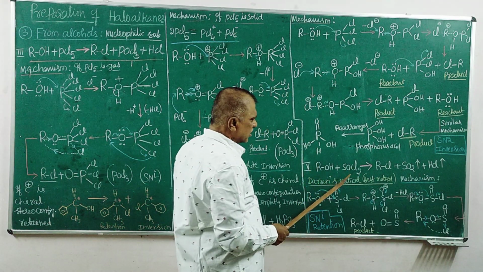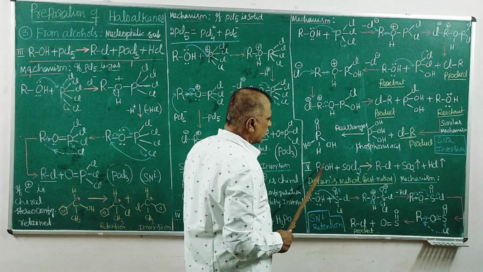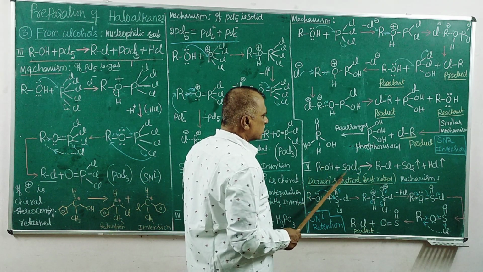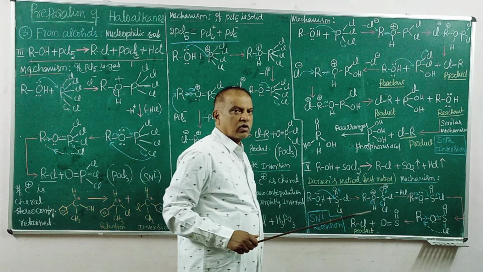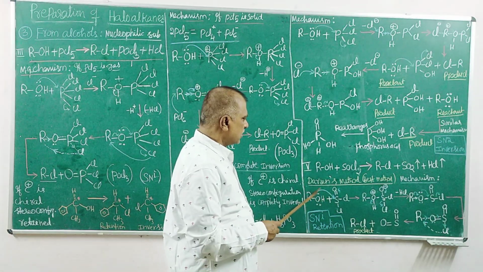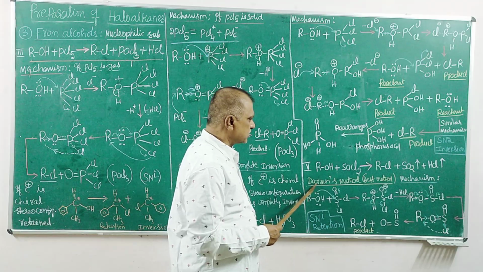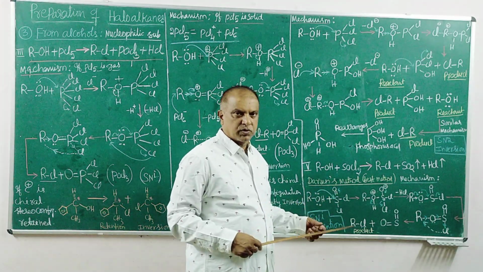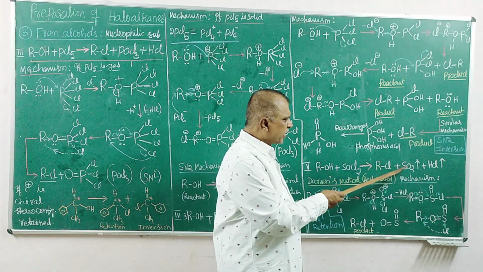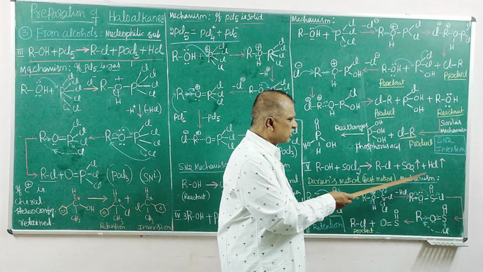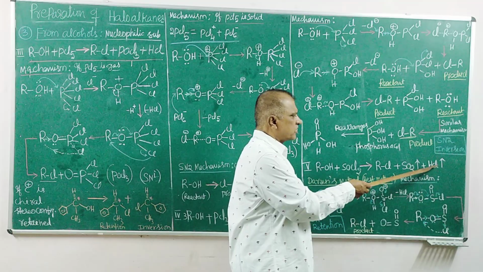It is the action of sulfuryl chloride on the alcohol. It is the best method for preparation of chloro derivative of alcohol, known as Darzen's method. The reason for this is that the byproducts obtained are sulfur dioxide and HCl. Both are gaseous substances.